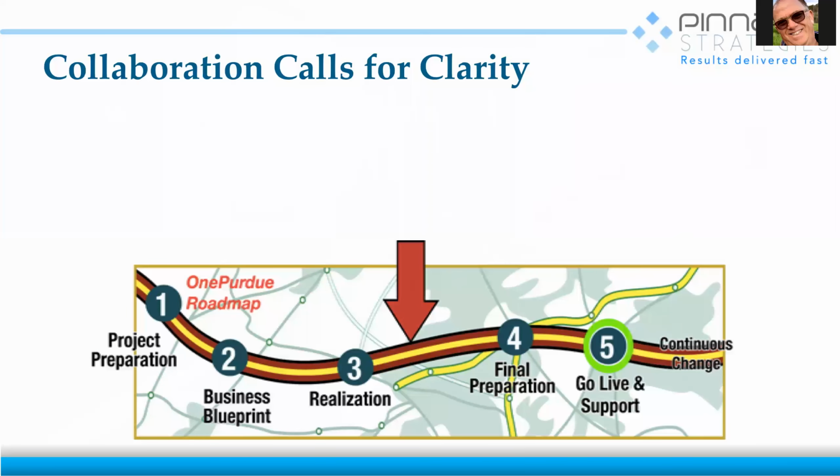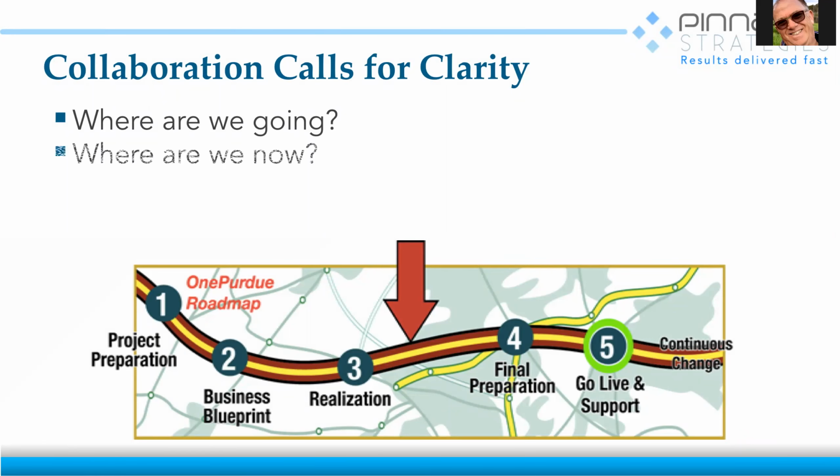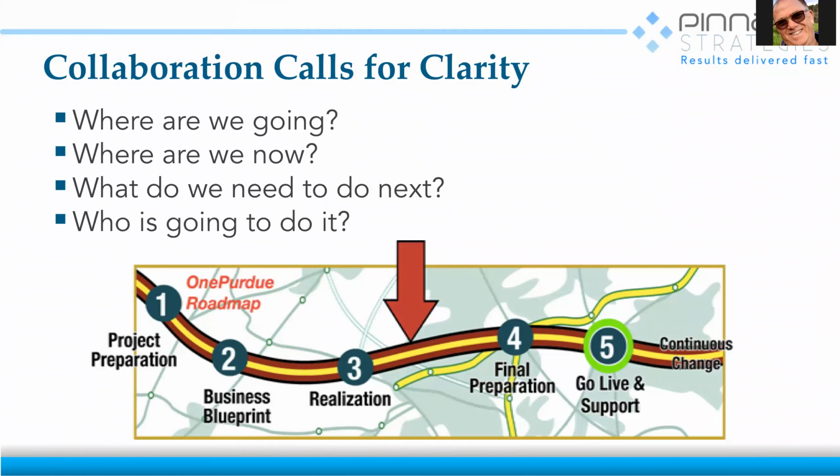To really get good collaboration, you have to have clarity, right? People need to know, where are we going? They need to know, where are we now relative to where we are going? And of course, what do we need to do next? Oh, I forgot one question. Who's going to do it?